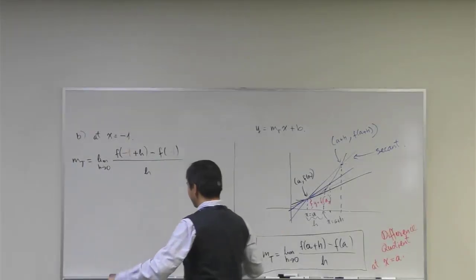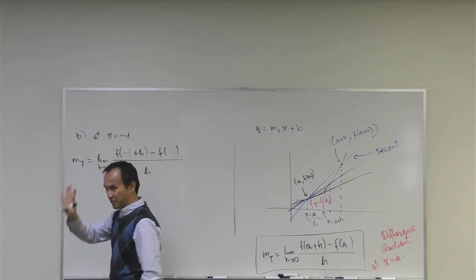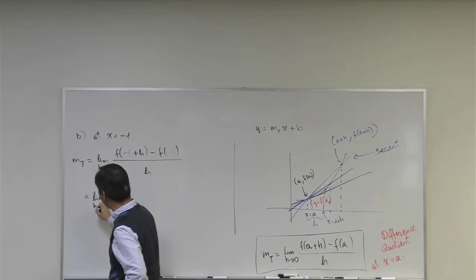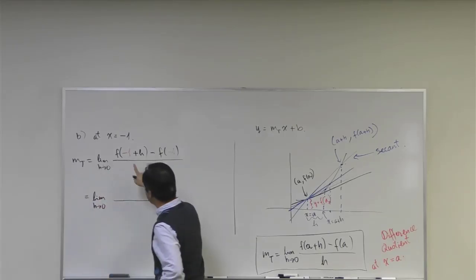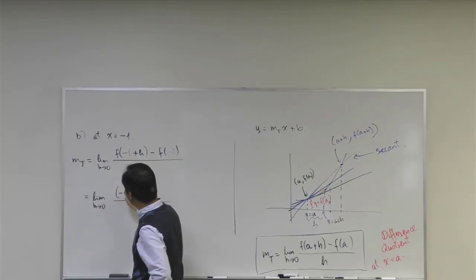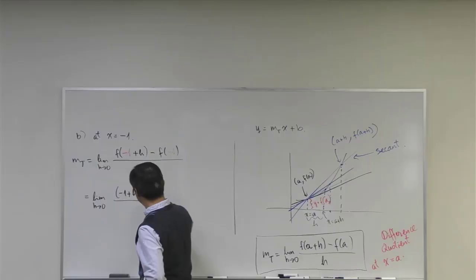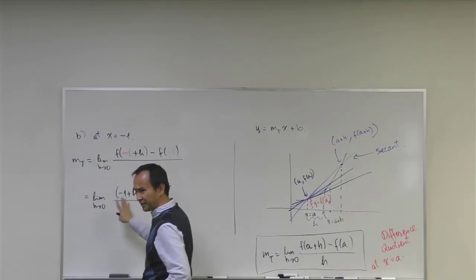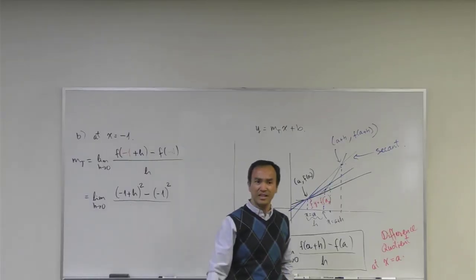Okay? And so now when we're applying that into our specific function, for example 1 here, then it means the slope of the tangent line will be calculated as a limit problem where h goes to 0. But now f of -1 plus h gives me (-1 plus h) all squared, right? Minus, or take away, (-1) all squared. See, you see how I use parentheses very carefully right here? I highly recommend you guys do the same.